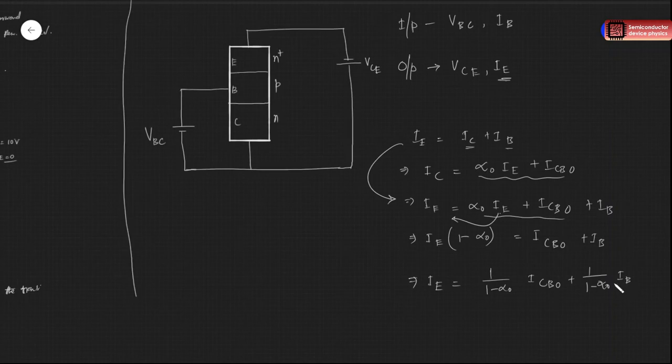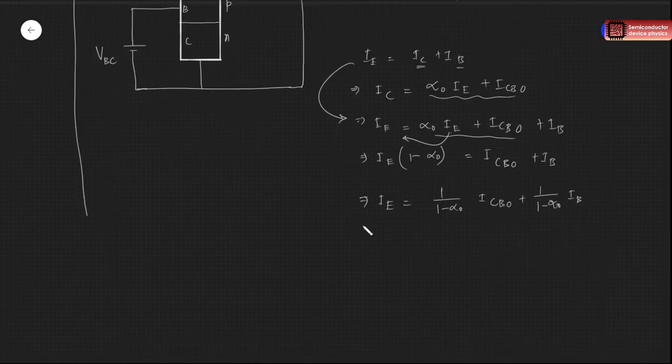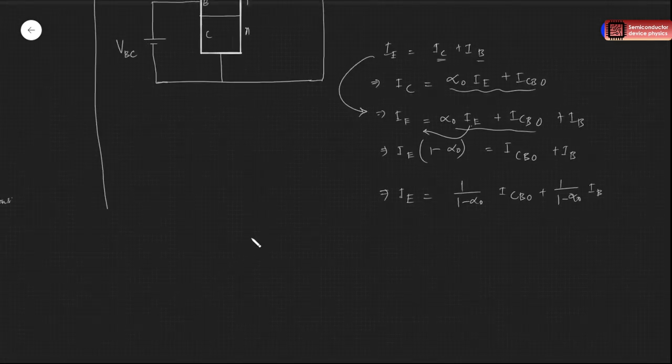Now we'll define the common collector current gain, very similar to the common emitter. So let's define the current gain.